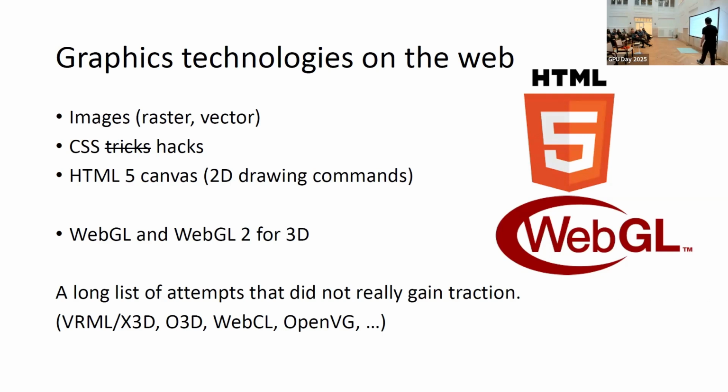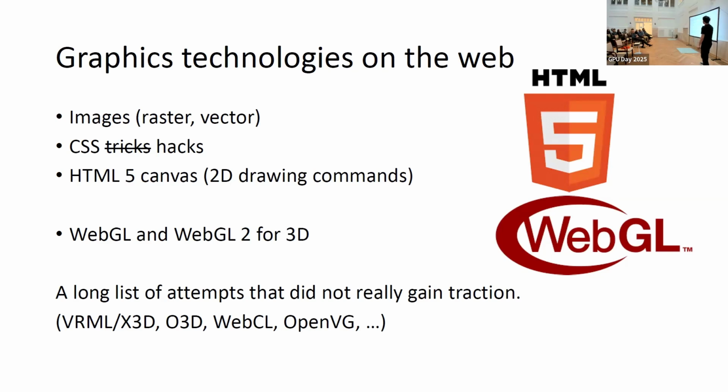It's a nightmare. On the other hand, we have the HTML5 canvas that's reasonably good, and you can do 2D graphics with it. That's fine. But if you want to go for 3D, some interactive visualization, something like that, we basically have WebGL and WebGL2. And that's what we have.